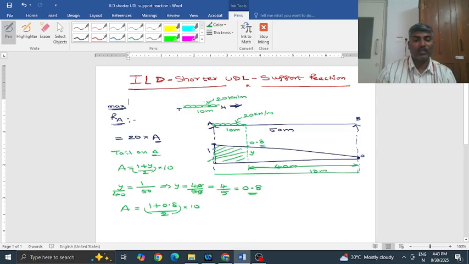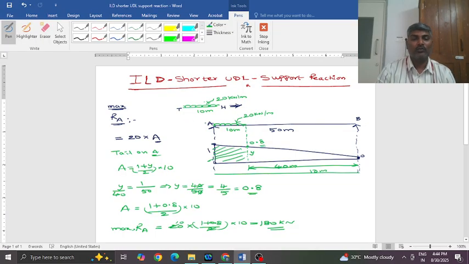Our intention is to get the maximum reaction at A. So that is 20 multiplied by this area, 1 plus 0.8 by 2 into 10. This 2 goes here, so it will be 10. This is 1.8. Multiplying, you get 180 kilonewton, which is the maximum support reaction possible for this load movement.